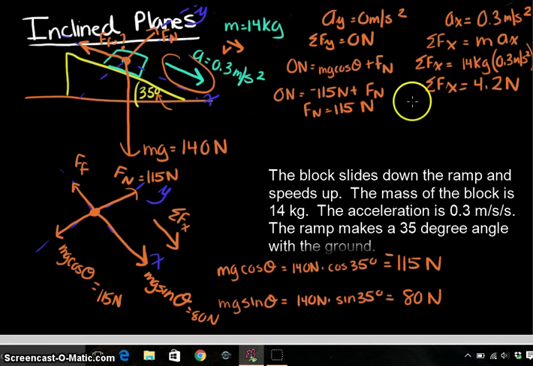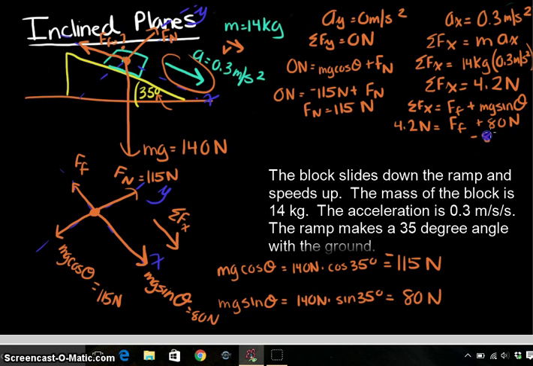So let's set up a net force in the x statement. Our net force in the x direction would be equal to force of friction plus mg sine theta. Our net force is known. It's going to be 4.2 newtons. Our friction is an unknown, and our mg sine theta is 80 newtons.